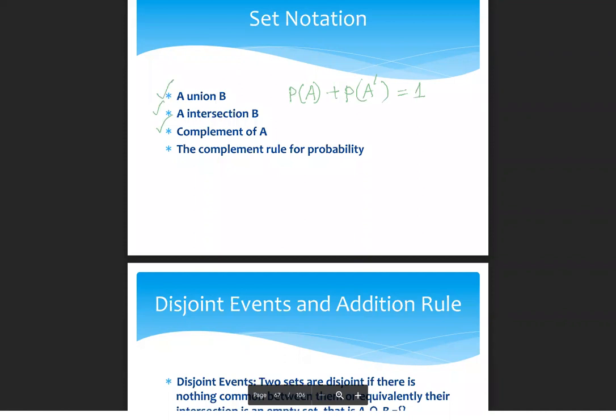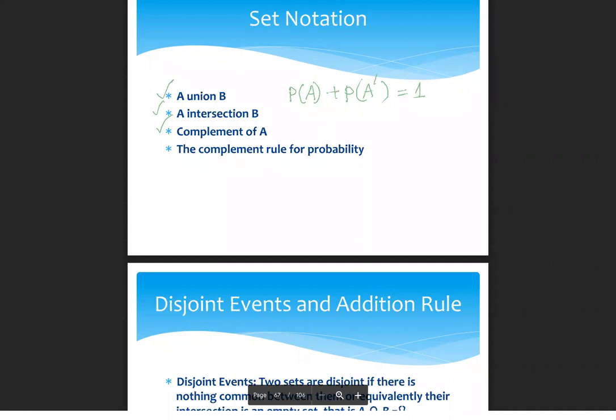Something can either happen or it cannot happen. There is nothing in between. So the probability of event A plus the probability of A prime is equal to 1, or 100%.